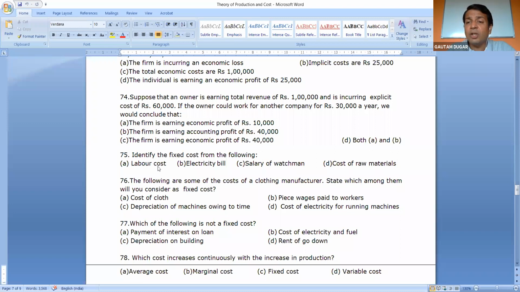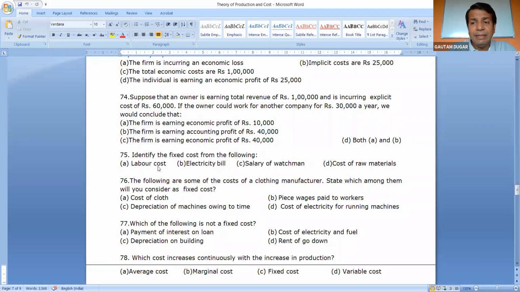Cost of raw material also cannot be the answer, because raw material cost is again variable. Mohammed, Sohail, many people, Tanisha are answering D. Cost of raw material was also not related to production. Come on, try to understand.